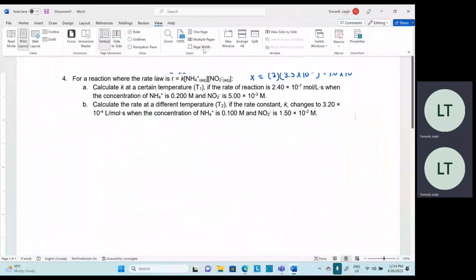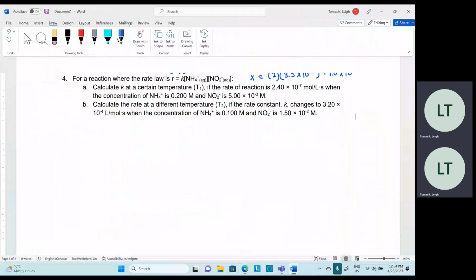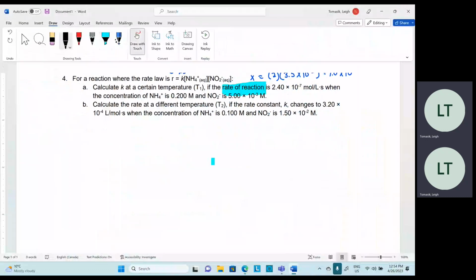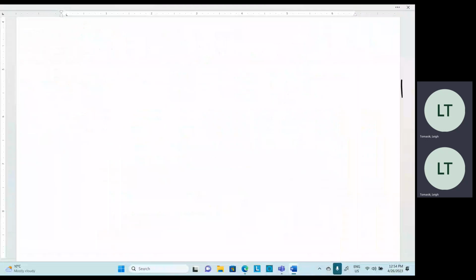There you go. So it says for a reaction where the rate law is that, calculate K at a certain temperature if the rate of the reaction is given. So they're giving us R, right? It tells us the rate of reaction.